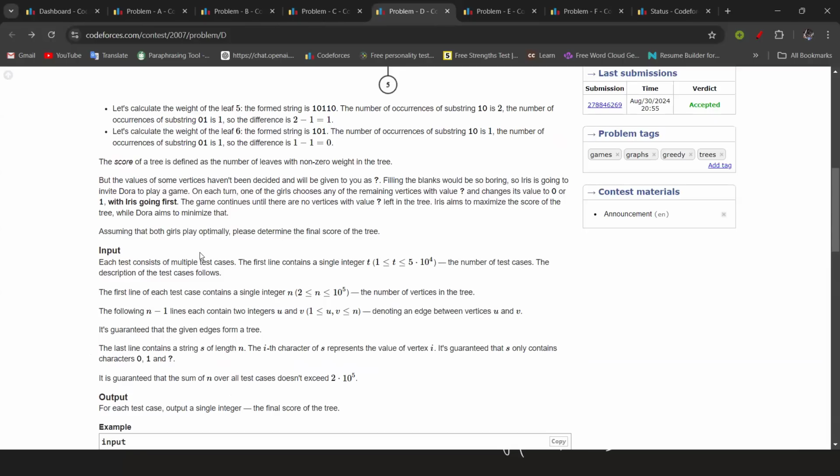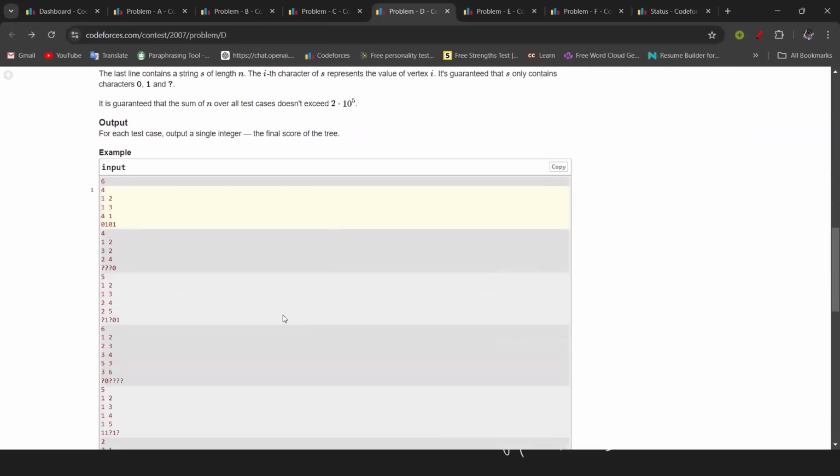And for the final tree that is obtained after filling those up, Iris would aim to maximize that final score and Dora would aim to minimize that final score. Now, if both of them play optimally, what is the final score that you need to determine? That is the problem statement.